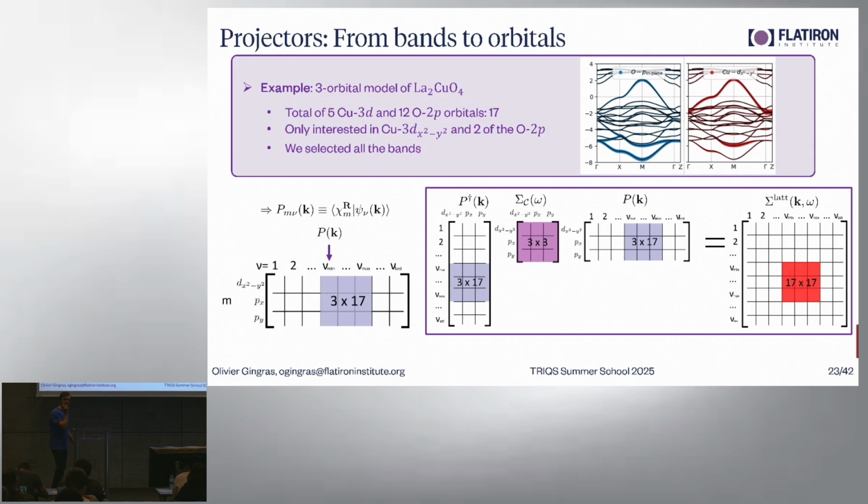So there's a bit of a misconception in DMFT saying that you can never get a self-energy that is non-local. Actually, when you embed it back to the lattice, it's non-local. It's local in the set of localized orbitals, but momentum dependent when you go back to the lattice, of course.